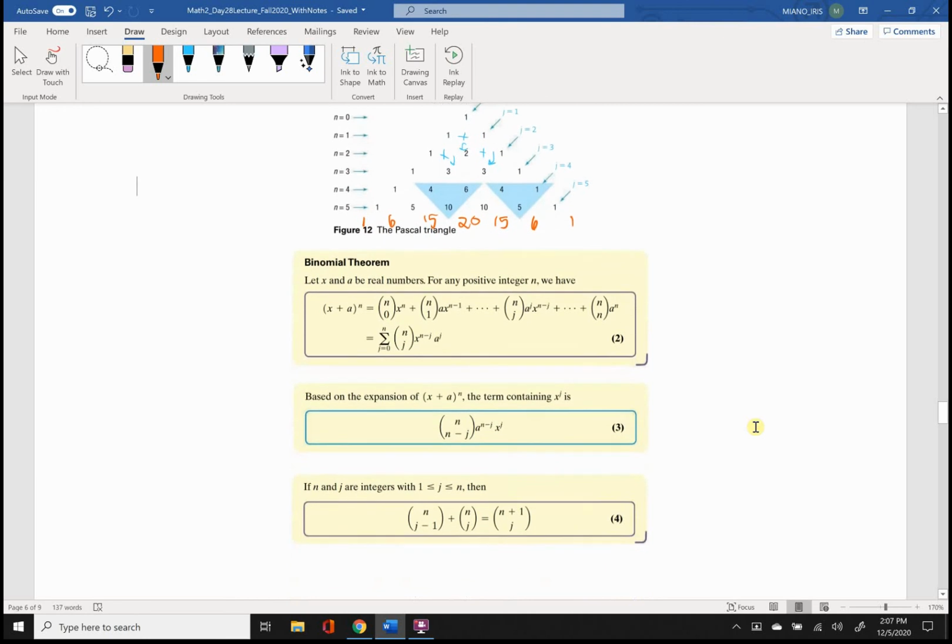Okay, so now herein lies the actual formal definition of the binomial theorem, which is to say that if you have some binomial, which generically they're calling x plus a raised to some nth power, you can use the binomial theorem to expand it, right? Showing every single term individually, and you can also write it using the summation notation that we just recently learned, okay?